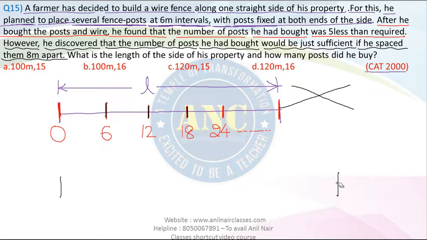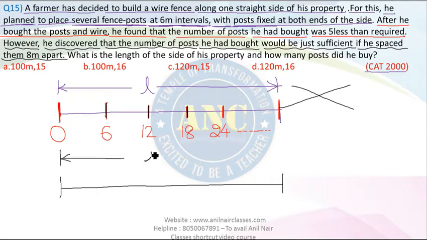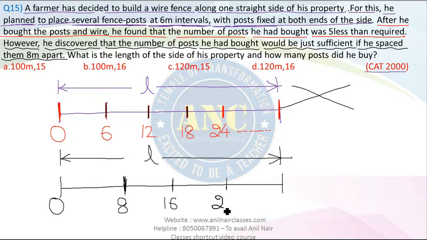Let me draw the length the same. The distance between each and every post, instead of 6 meters like the previous case, starting from the 0th position itself, is 8 meters, then next 16 meters, then 24 meters.